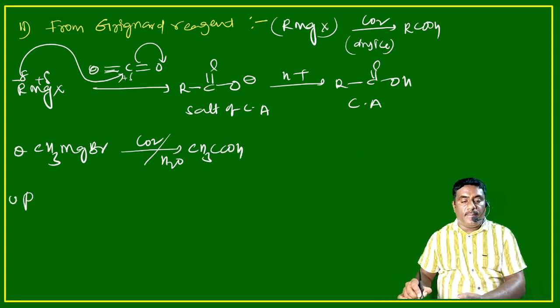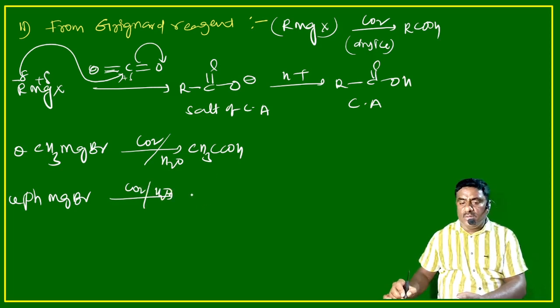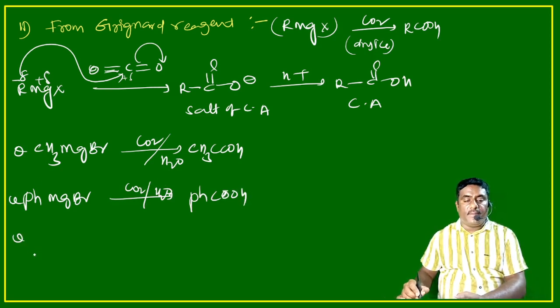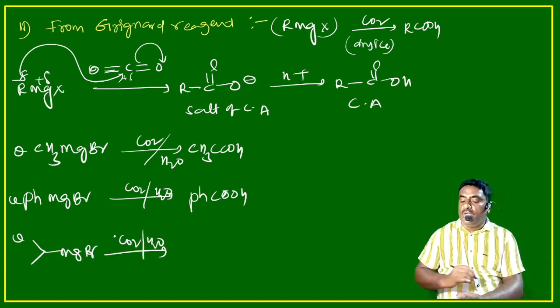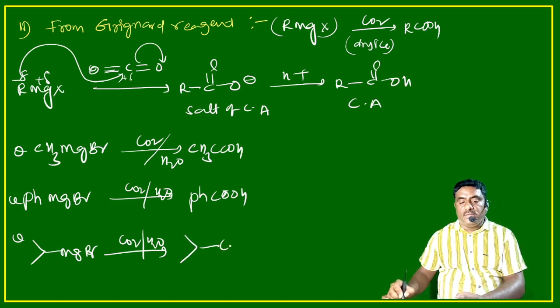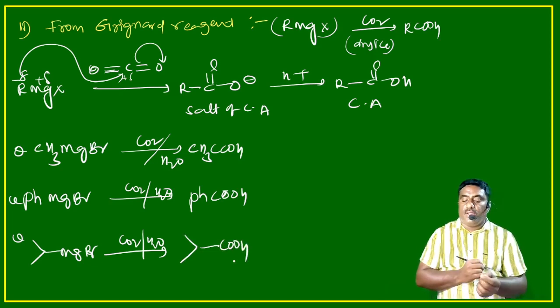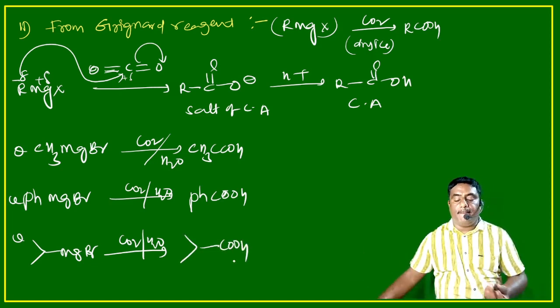Look at the next question. Phenyl magnesium bromide in the presence of CO2 and H2O forms PhCOOH. Let's take one more example, MgBr in the presence of CO2 and H2O. It forms this product.